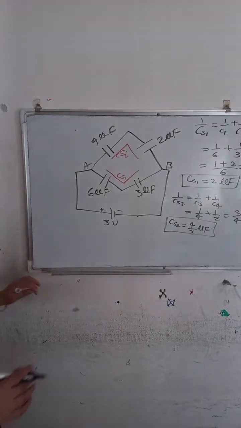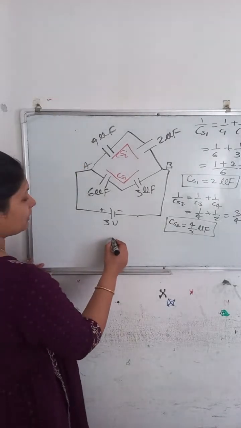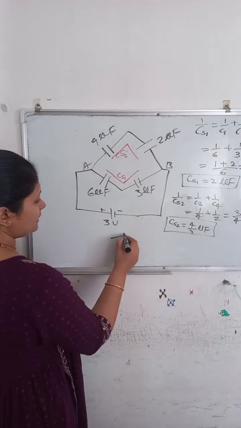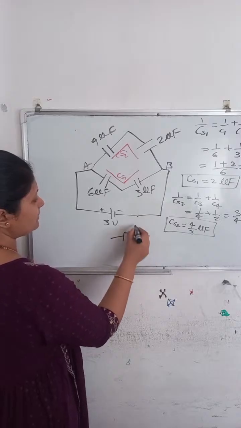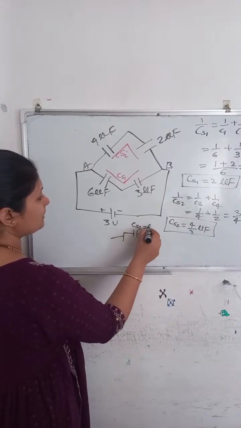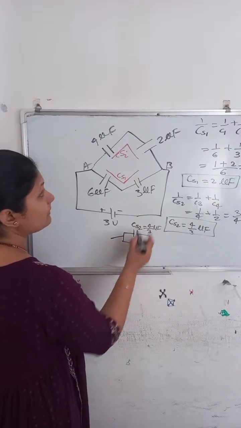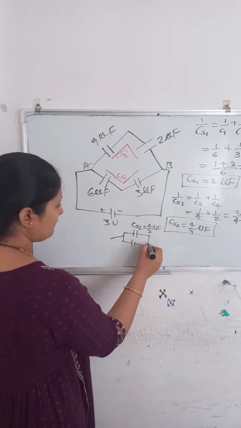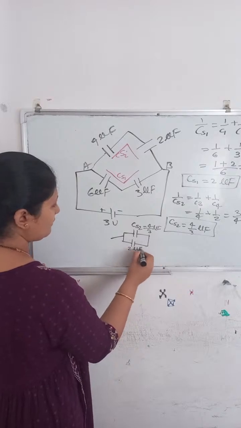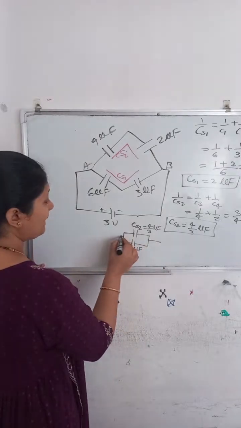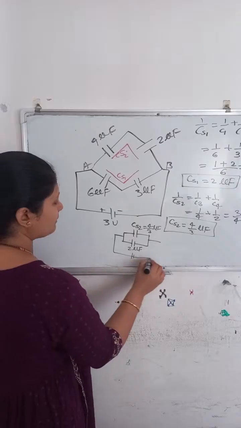Now this diagram I will draw again in the reduced form. Here this equivalent capacitor CS2 is 4 by 3 microfarad, and this other one is 2 microfarad. They are connected in parallel now, and here we have the battery.